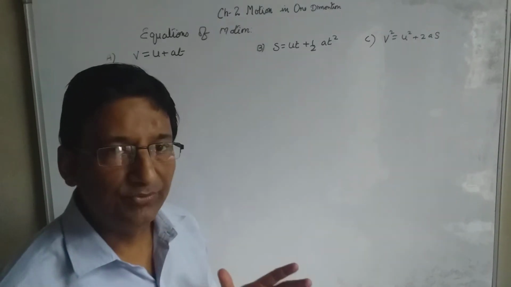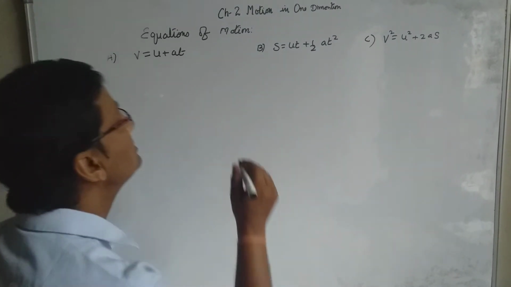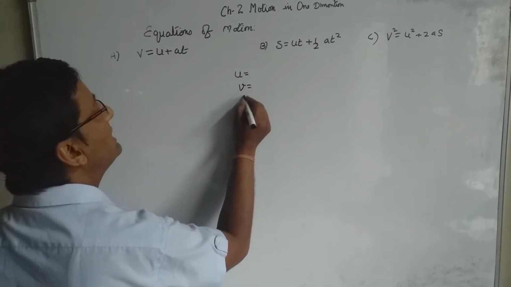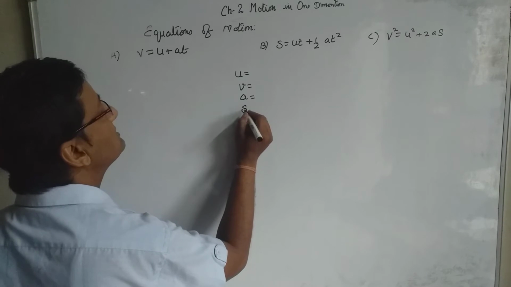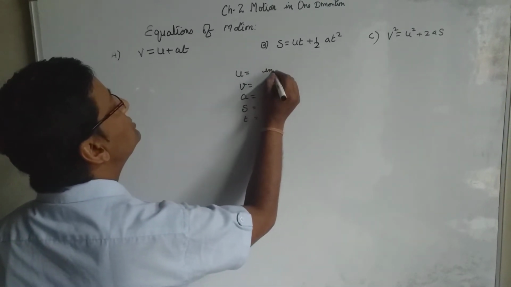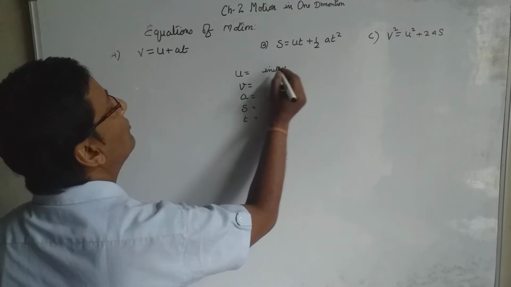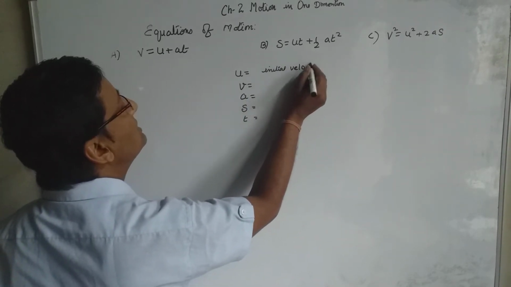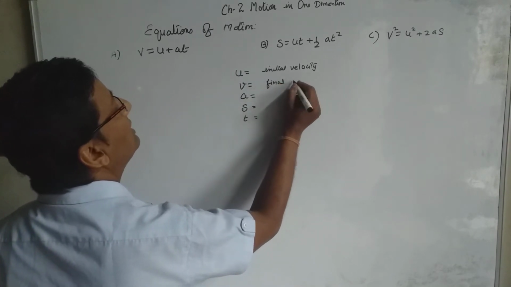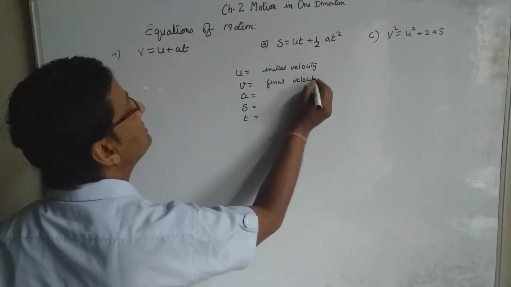Now before we start, let us understand what is U. What do you understand by U? What do you understand by V, A and S and T also? U means initial velocity. V means final velocity.